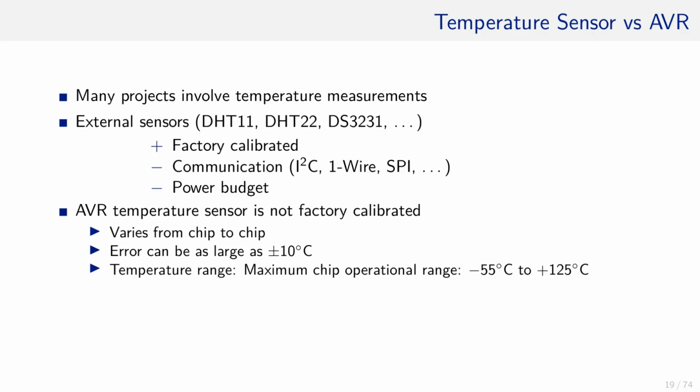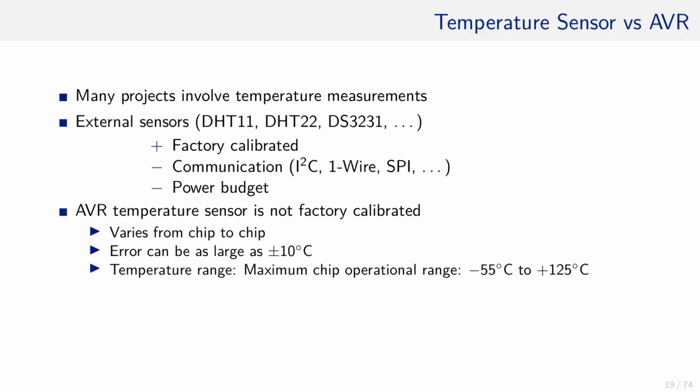On the other side, the temperature sensor of the ATmega is already integrated and pretty easy to access. However, the downside is that it is not factory calibrated. That means, while external sensors reveal a maximum error in the datasheet of, for instance, 1 degree Celsius difference between the measured or reported and actual temperature, such a number does not exist for the temperature sensor integrated in the ATmega.